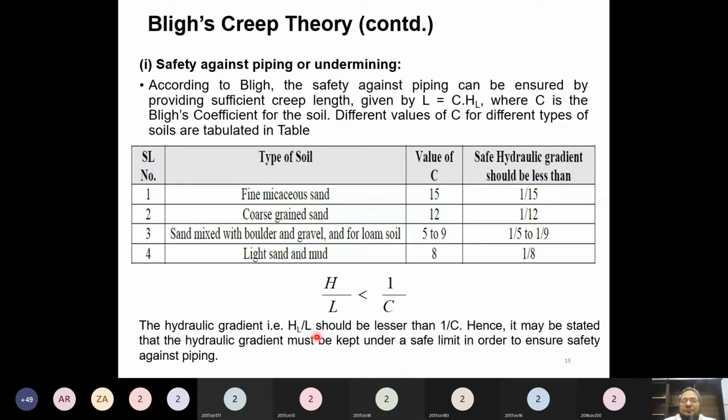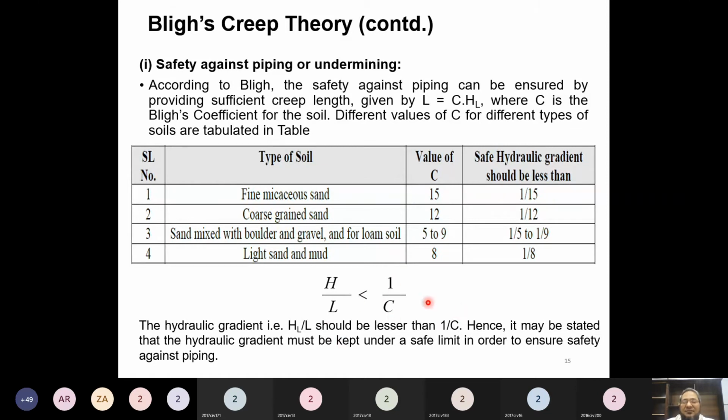So what happens as C increases? Which soil has the lowest C? Sand mixed with boulder and gravel has the lowest C, so 1/C would be highest. This should be higher, why? The actual hydraulic gradient should be less than 1/C, which is the safe hydraulic gradient. So we see what the type of soil under the barrage is, select the value of C, compute 1/C, and H/L should be less than 1/C.